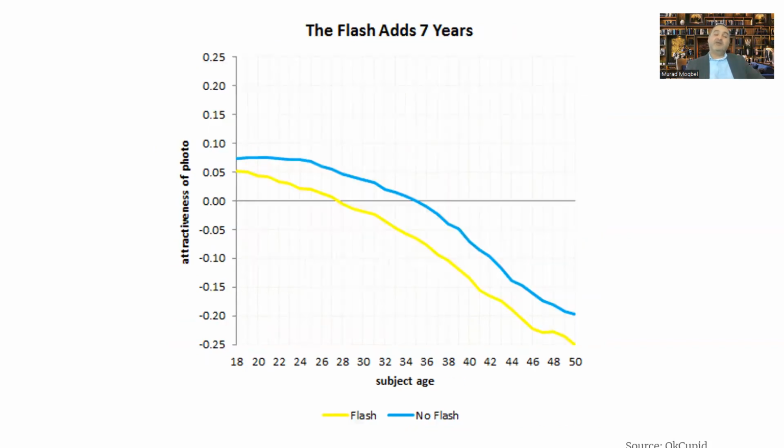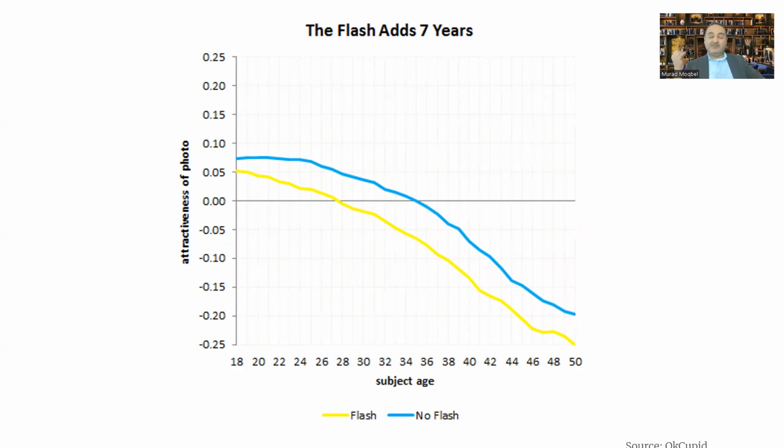So now also they have collected data whether that photo was taken with a flash versus not a flash. So if you notice here, actually the flash takes away 8 to 10 years of your attractiveness, right?